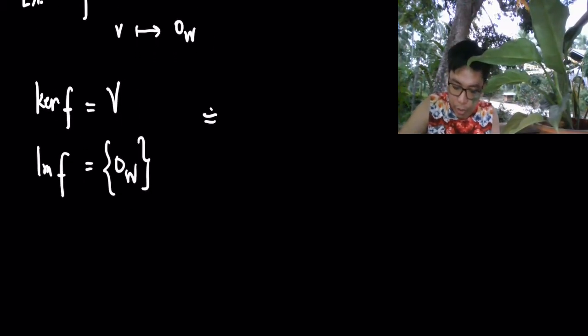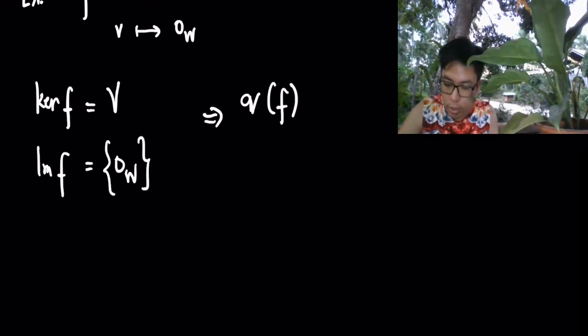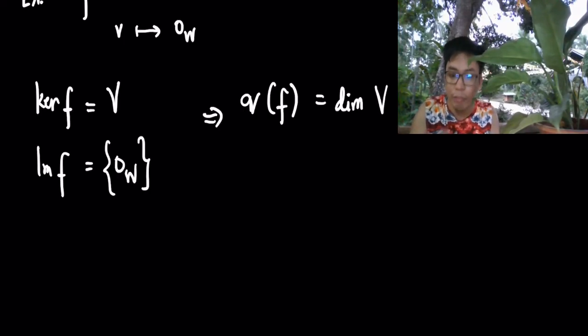Therefore, the nullity of F is the same as the dimension of V, simply because the kernel of F is V. Whatever the dimension of V is will be the nullity of F.